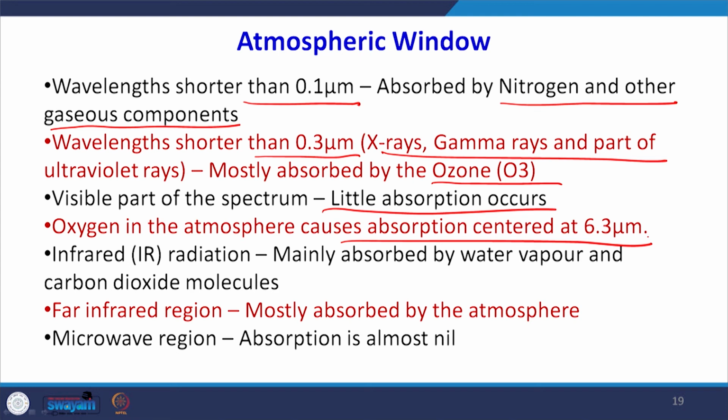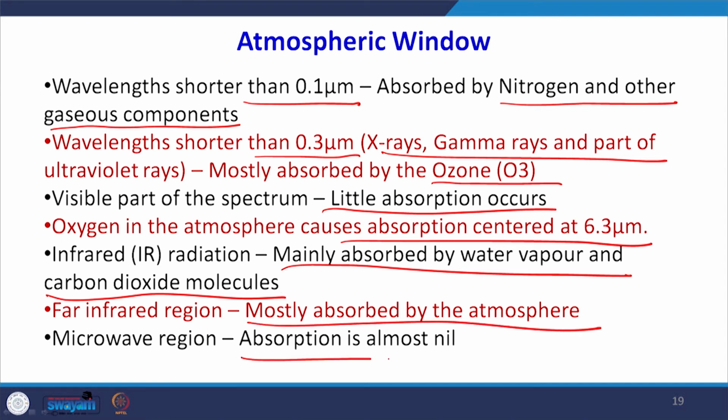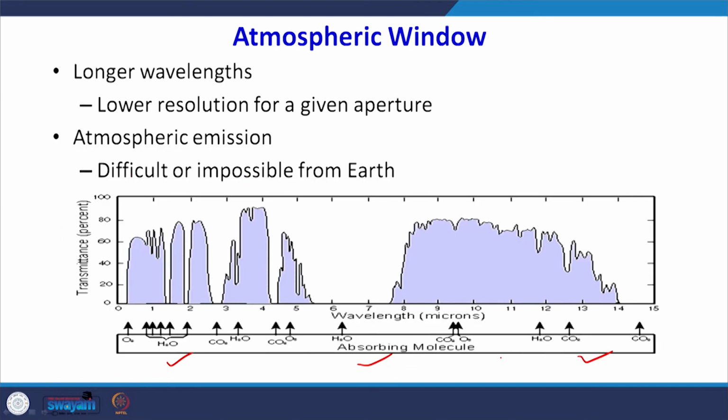Then the infrared radiation is mainly absorbed by water vapor and carbon dioxide molecules, and the far infrared region is mostly absorbed by the atmosphere, and in the microwave region absorption is almost nil.